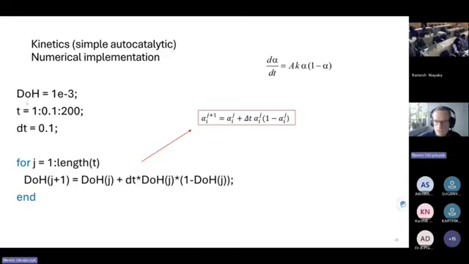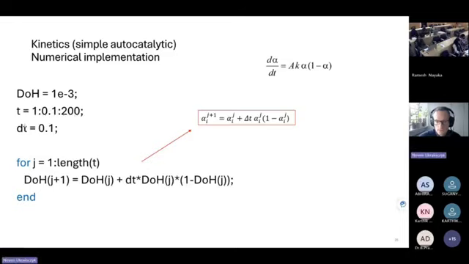Basically you need to define a very small value just to kickstart this, and then you propagate: you enter the loop, you increase the index value, and you calculate the new value based on the old value. This is the length of t, so you want to integrate for the total time period.